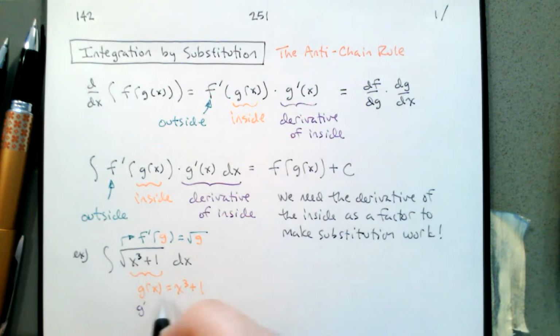So if I want to make this substitution where g of x is x cubed plus 1, g prime of x is 3x squared. We don't have a constant multiple of 3x squared as a factor in our integral, so this is not substitution.